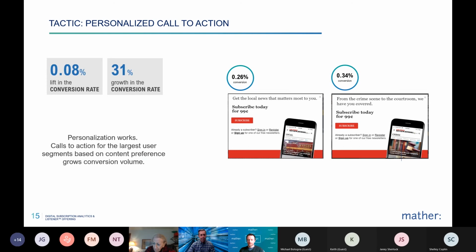We emphasized that in the call to action, versus a more general local news call to action on the left. When we targeted this to a crime preference segment of the audience, we saw about a 0.08 lift in conversion rate, which is about a 30% lift in the actual conversion rate itself. So again, personalization can work, and we usually like to focus on the biggest volume segments first, because it's where the fish are, so to speak.